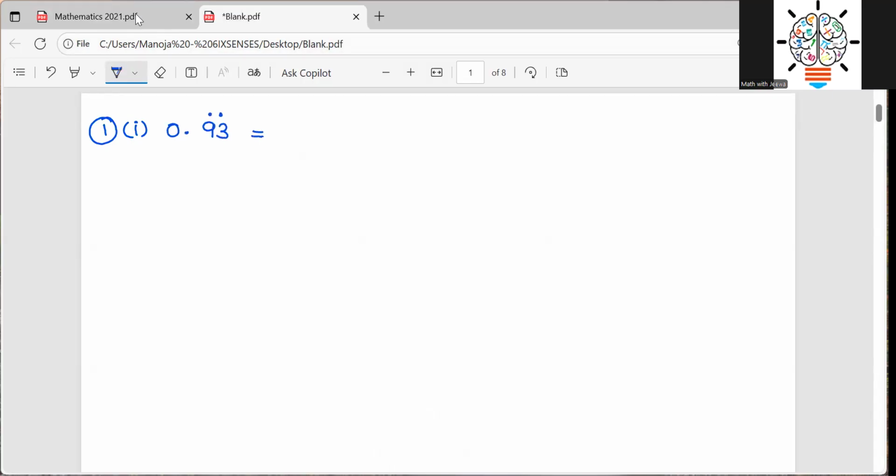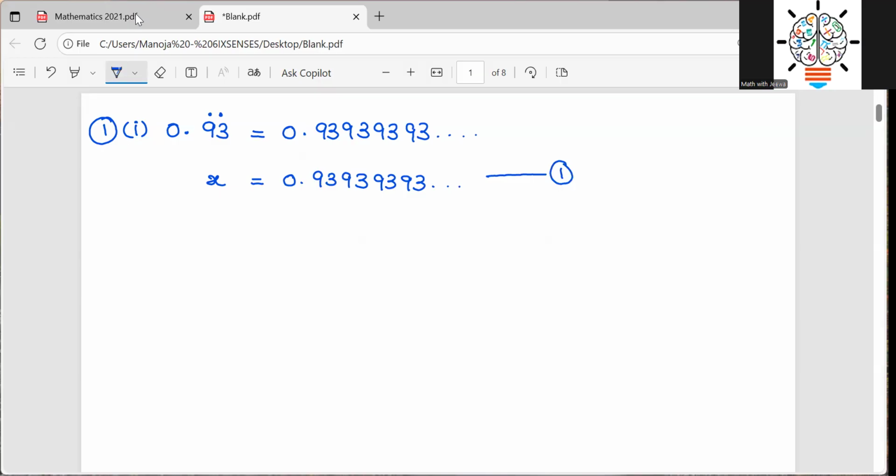What does this mean, children? 0.93, 93, 93, 93, it goes on, so it is repeating. I name this as x, 0.939393..., and I number it as equation 1.